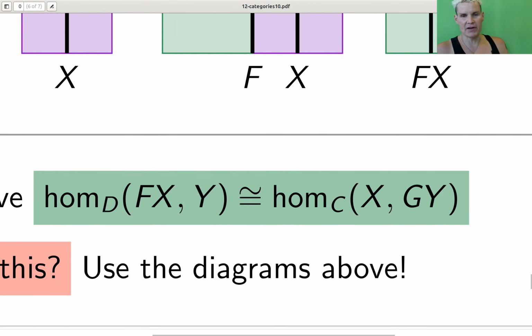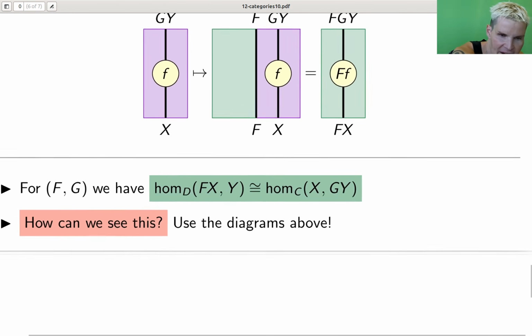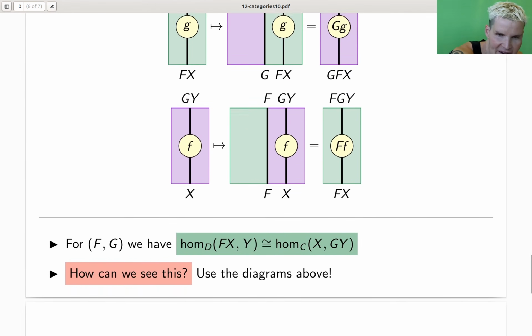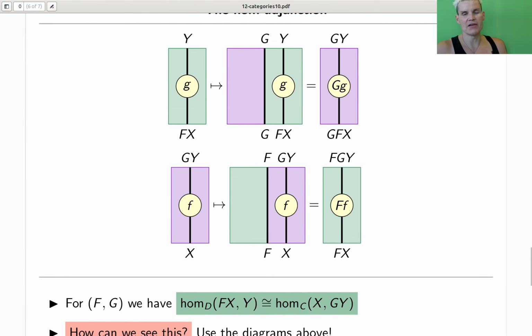So you can pull F to the right, and you just need to change it to a G, and you get the same type of spaces, and you can literally see this diagrammatically. I just wrote down the maps, and if you apply the zigzag relations to them, which is a nice exercise, you will actually see that these are isomorphisms. So these are the maps realizing the isomorphism at the bottom.